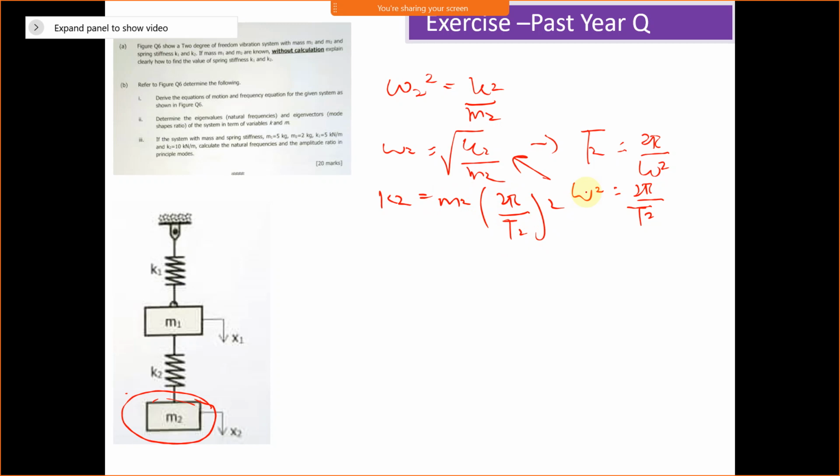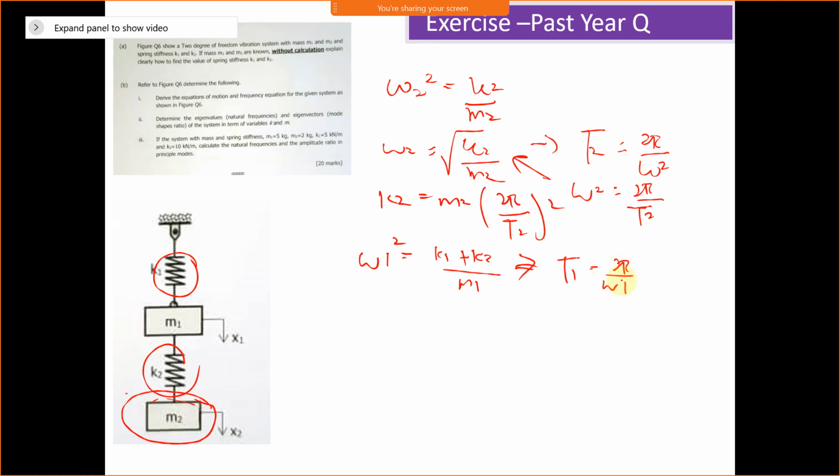Okay. Untuk nombor 2 pula, kita tahu omega 1 mesti kena consider K1 plus K2 over M1, sebab omega 1 dia disebabkan ada dua spring yang terlibat, which is K1 and K2. So kita ada K1 and K2 dan omega 1 square. Then from here kita tahu T1 sama dengan 2 pi over omega 1.